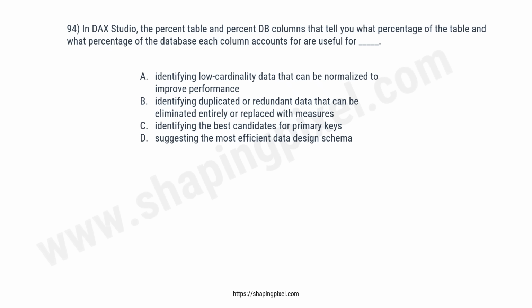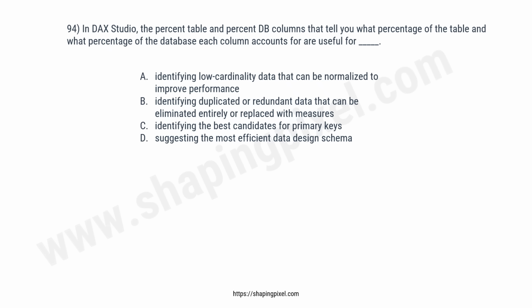Question number 94. In DAX Studio, the percent table and percent DB columns that tell you what percentage of the table and what percentage of the database each column accounts for are useful for. And we have four options. Option A, identifying low cardinality data that can be normalized to improve performance.